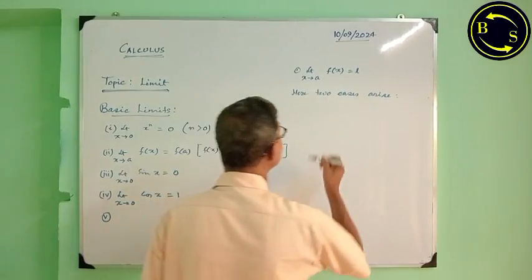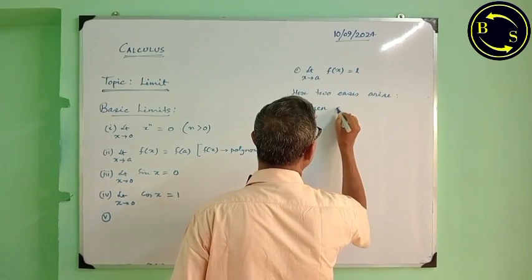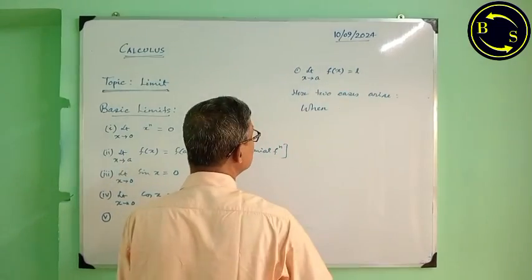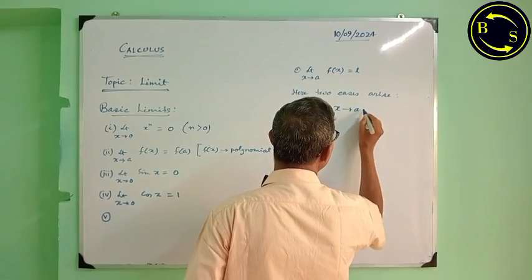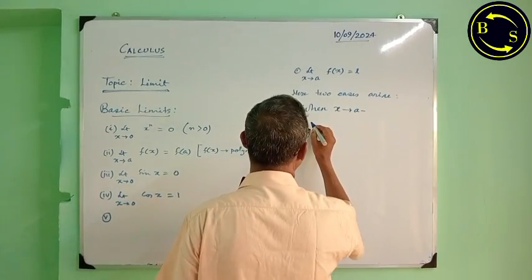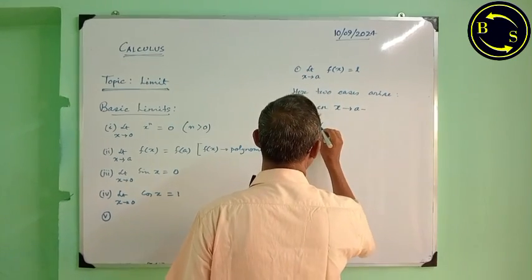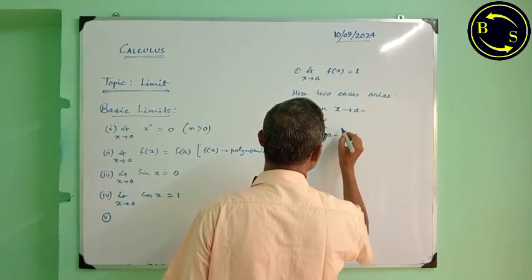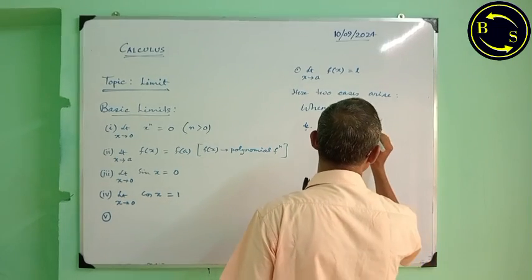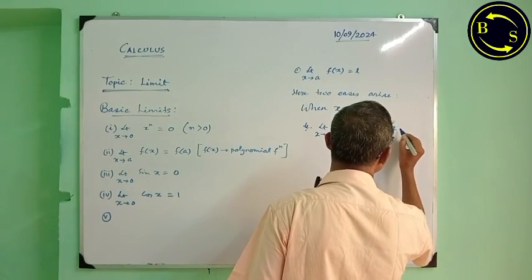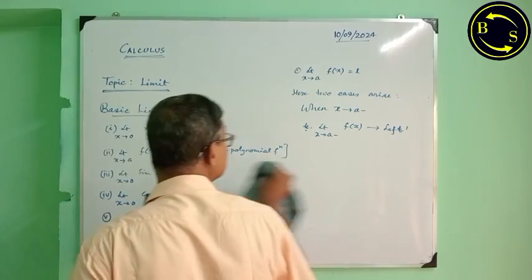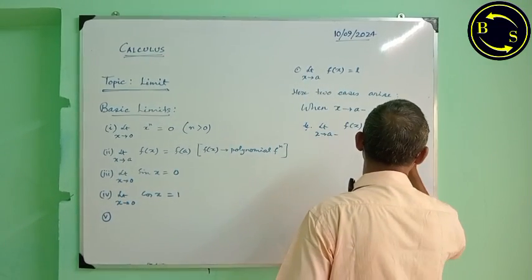Here two cases arise. When x tends to a minus, that is limit x tends to a minus fx, this is called left hand limit.